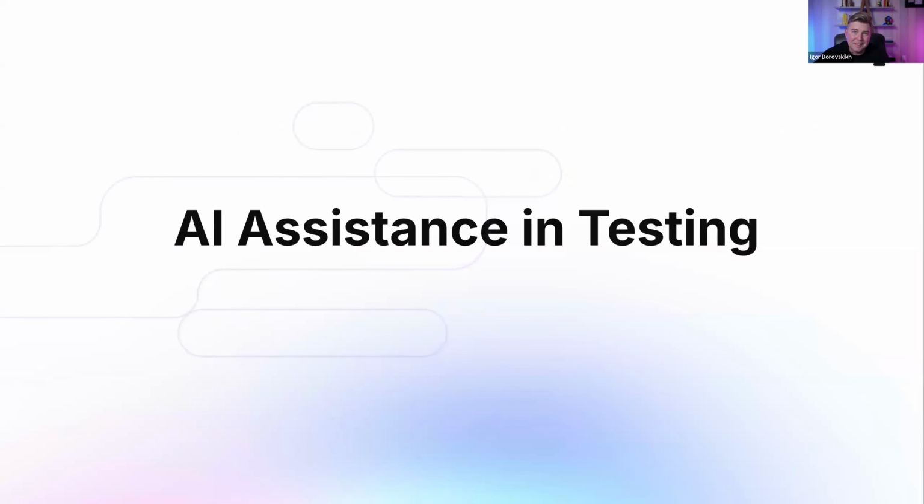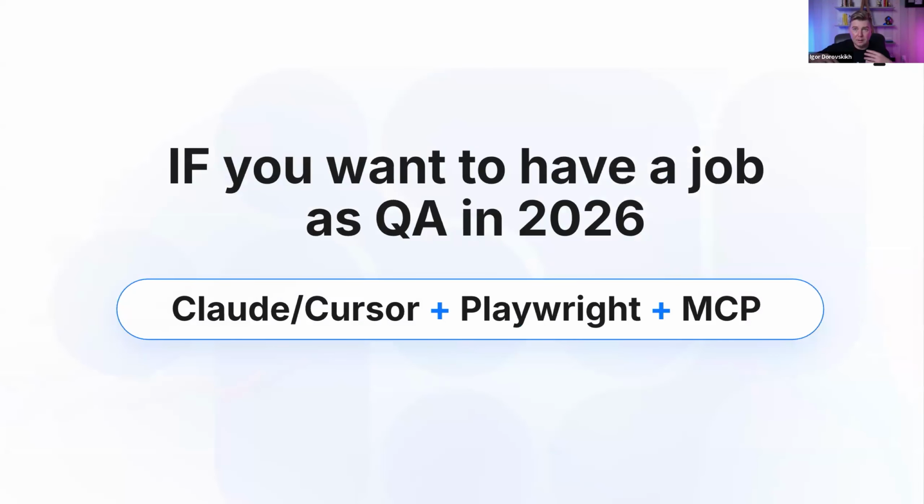AI assistance in testing is conventional, traditional testing where AI helps you speed up your processes. Let's say you want web test automation or mobile test automation: AI tooling, IDEs, LLMs, MCP, we hear this, help you go faster. This is AI-augmented testing, whatever you call it.